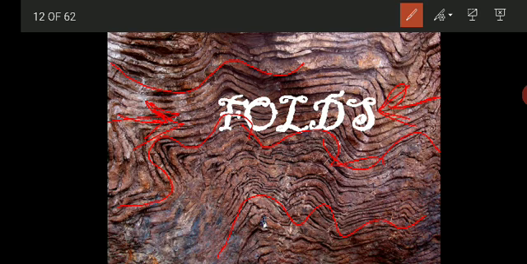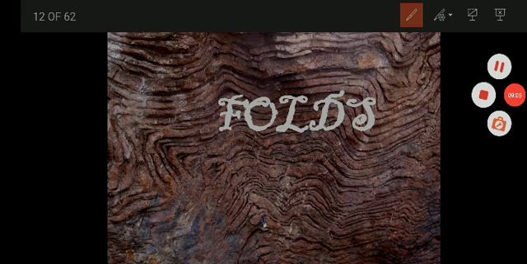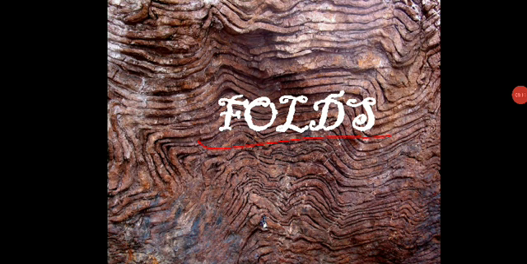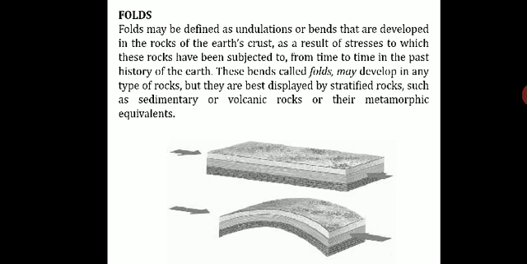So these are the different structures which we are going to discuss in detail. In today's class we will start with folds. Folds are formed because of tectonic processes. Folds may be defined as the undulations or the bends that are developed in the rocks of the earth's crust.